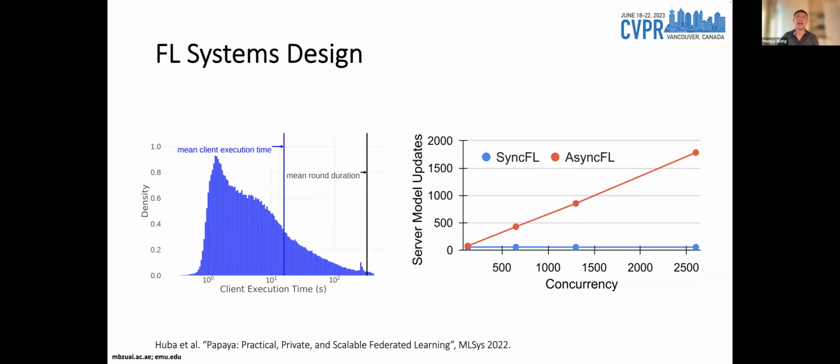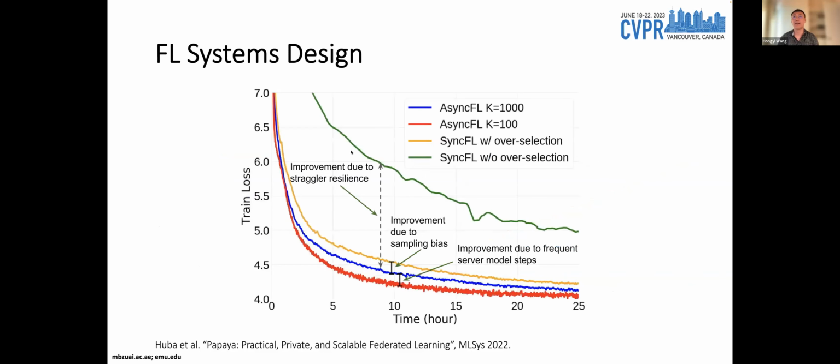So that, on the left-hand side, is what Meta actually observed in their real use case. If we do asynchronous federated learning, the server model updates can attain much better throughput compared to synchronous model updates. However, remember we always talk about goodput. What about the goodput here? With the asynchronous way, we have to care about the progress of the model, like how fast it converges.